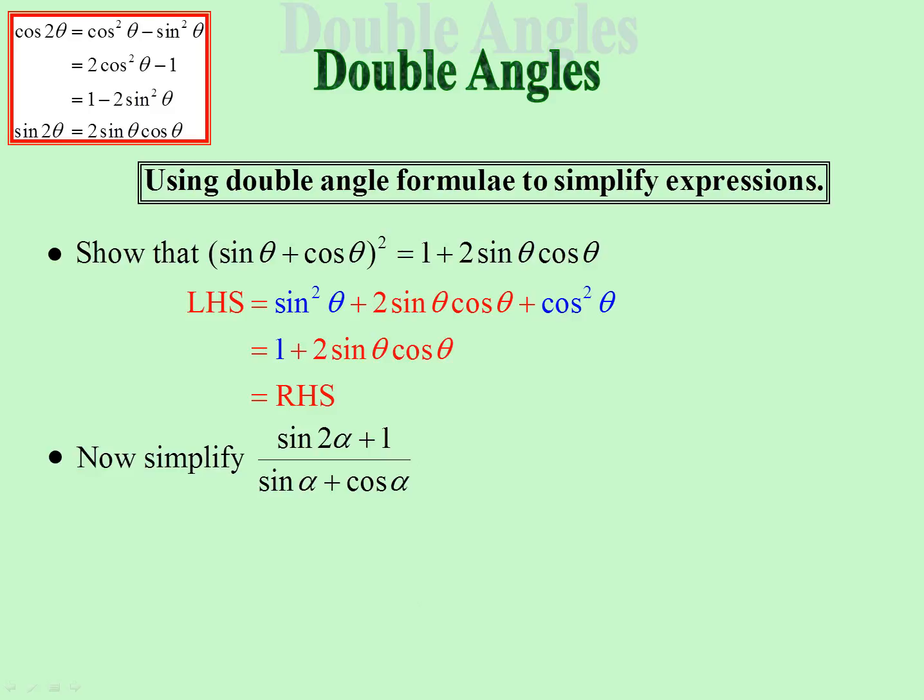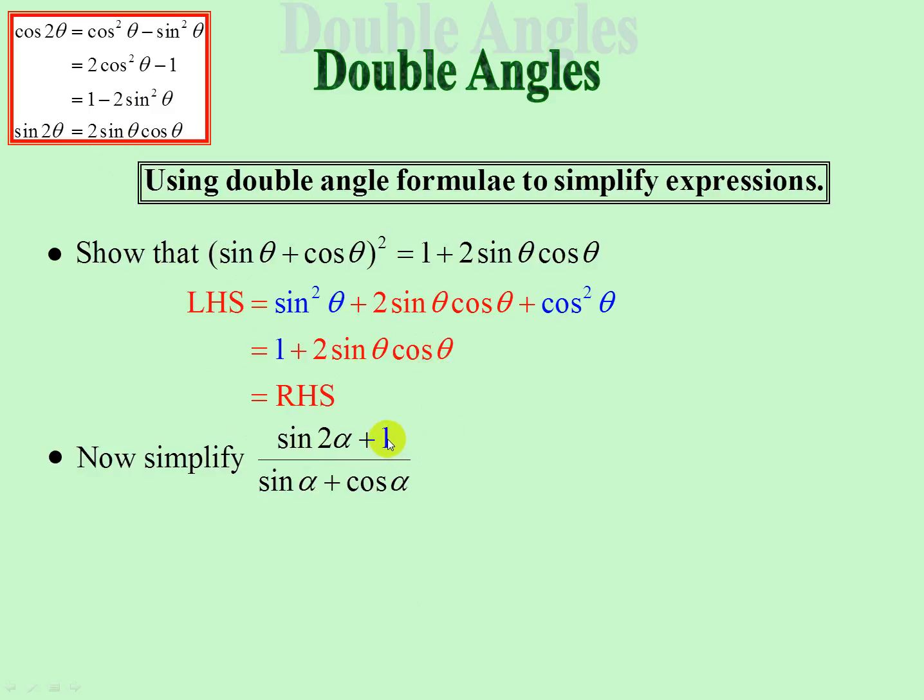Now we need to simplify sine 2 alpha plus 1 over sine alpha plus cos alpha. Now that reminds us then, because sine alpha plus cos alpha cannot be simplified, we need the top to have a sine alpha plus cos alpha if we're going to be able to do any cancelling or anything. So if we look at sine 2 alpha, well, that's 2 sine alpha cos alpha, and it's related directly to the previous question.